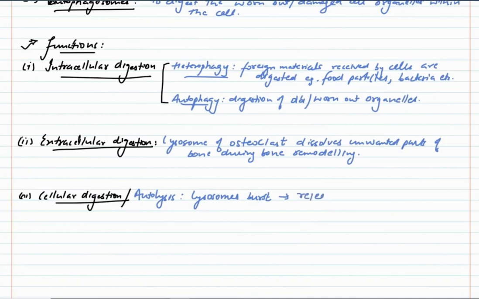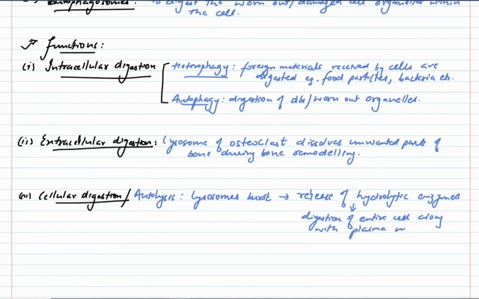This leads to release of hydrolytic enzymes, thus causing digestion of the entire cell along with the plasma membrane. So the entire cell is going to get digested. This is why autolysis is also known as suicide by the cell, and thus the lysosomes are known as suicide bags of the cell.